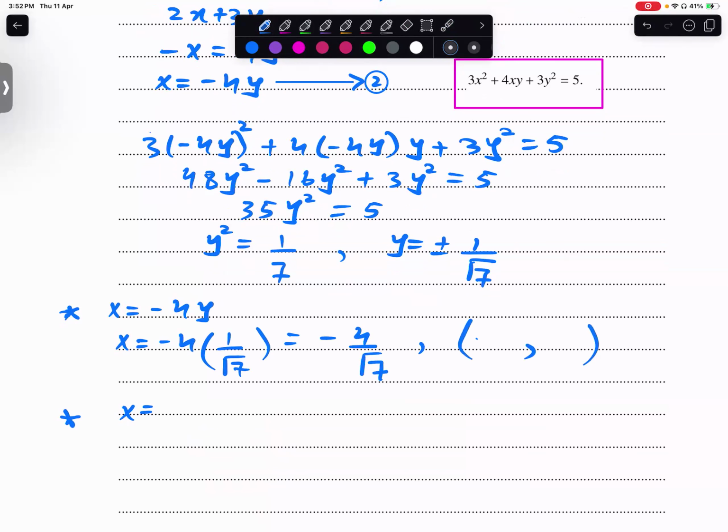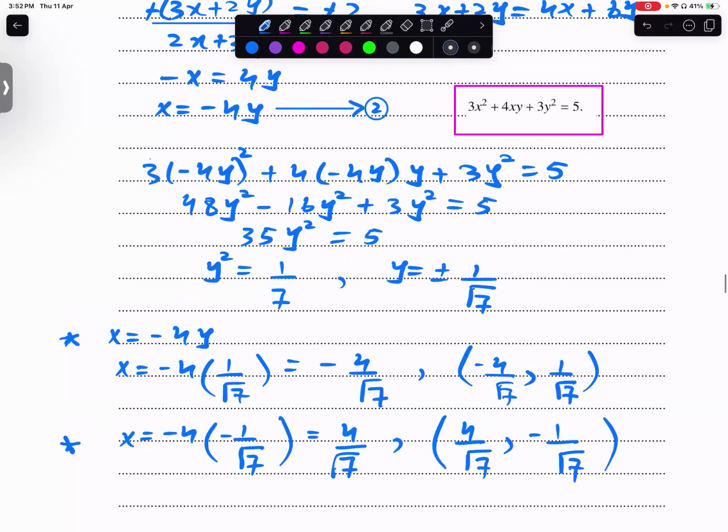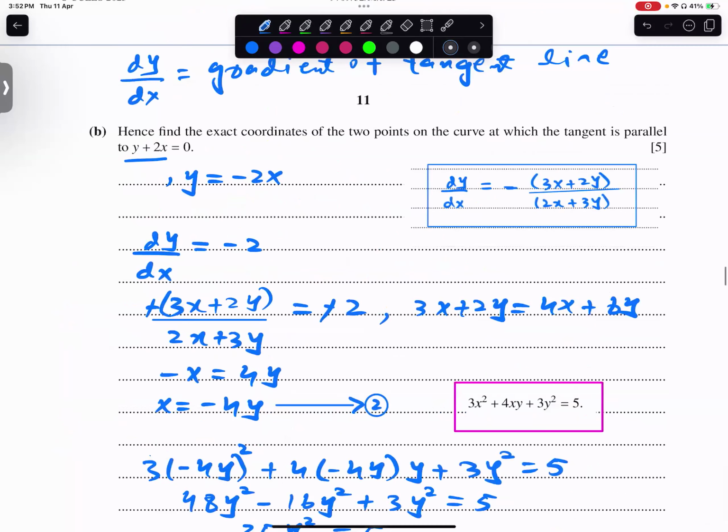The point will become minus 4/√7, 1/√7. And if you write the other value of y, which was minus 1/√7, this will give you 4/√7. This means that these are the 2 points at which your tangent was parallel to the line given, y plus 2x is equal to 0.